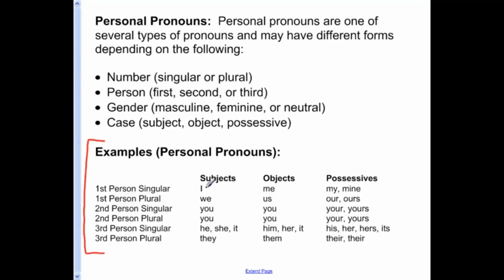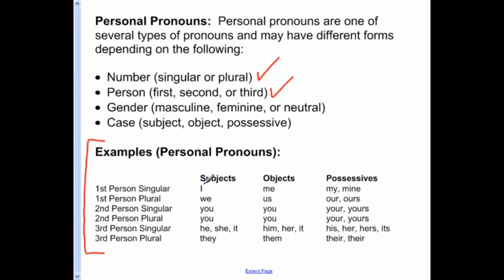These personal pronouns, I, we, you, him, her, it, your, yours, are categorized using the following factors. The number, whether the personal pronoun is singular or plural. So for example, I is singular and we is plural. The person, whether the personal pronoun is first, second, or third person.